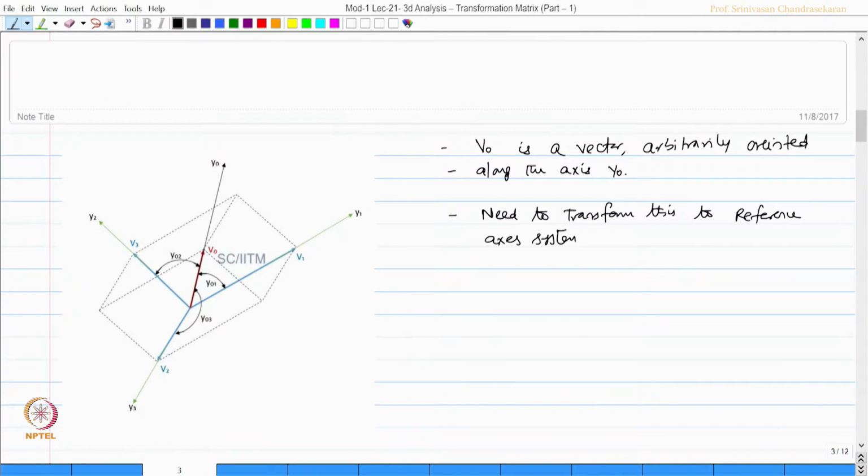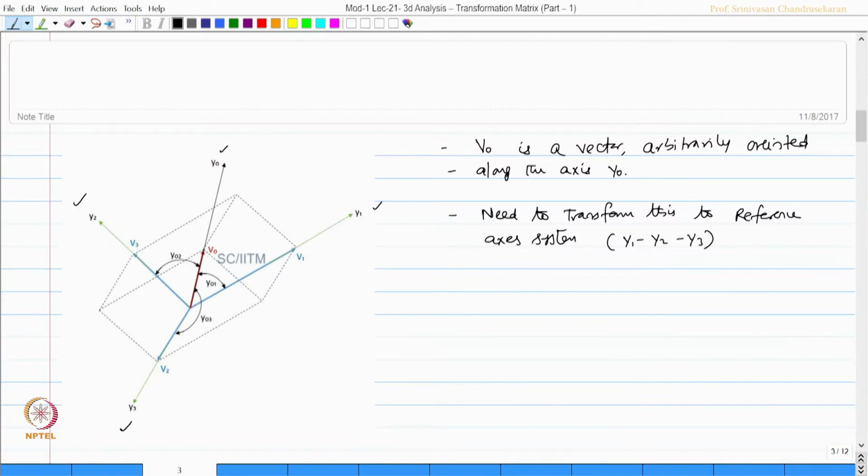For example, we have considered the reference axes here as y1, y2 and y3, which also have an orientation with reference to the x, y, z plane, but let us say I want to transform this to the y1, y2, y3 axes. You can see here y1, y2 and y3 axes are different from that of the y0 axis along which the vector or the member is oriented.